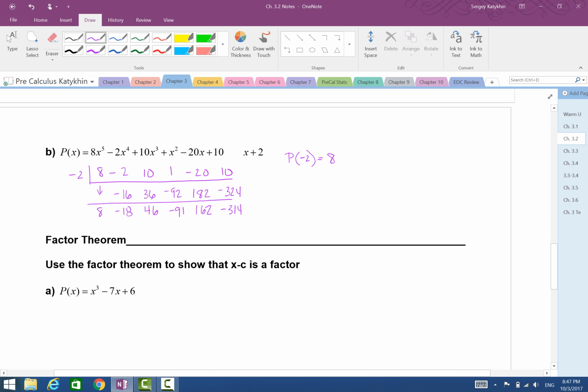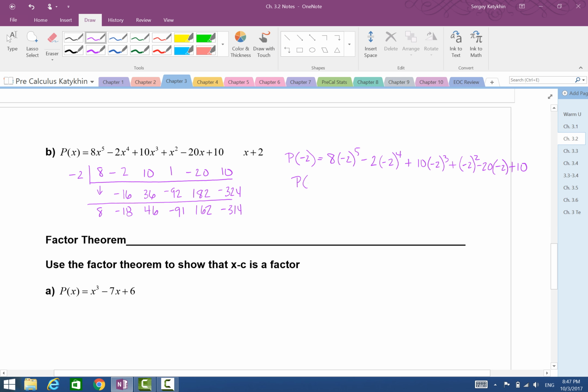We get 8 times negative 2 raised to the 5th power, minus 2 times negative 2 raised to the 4th power, plus 10 times negative 2 raised to the 3rd power, plus negative 2 squared, minus 20 times negative 2, and then plus 10.